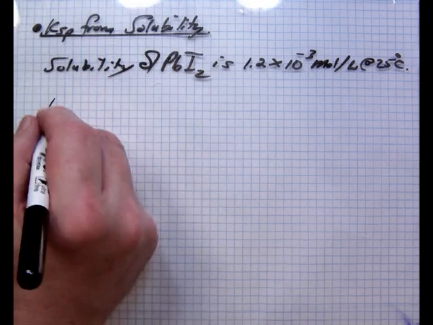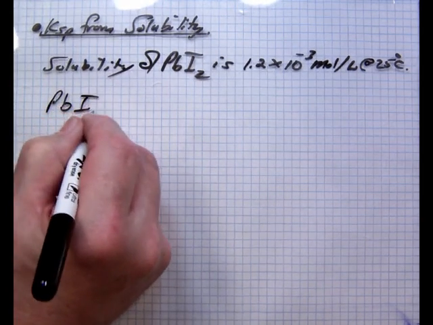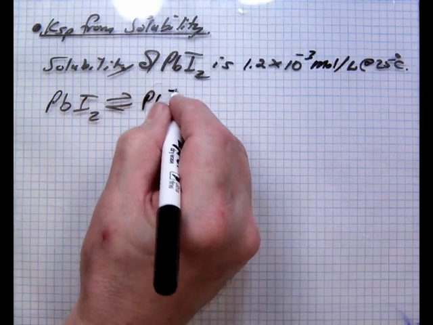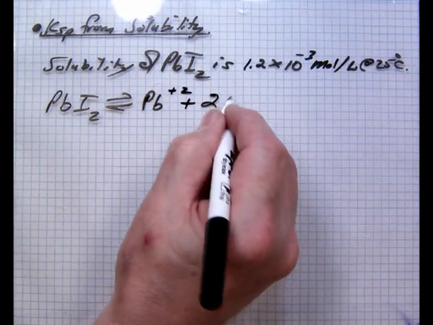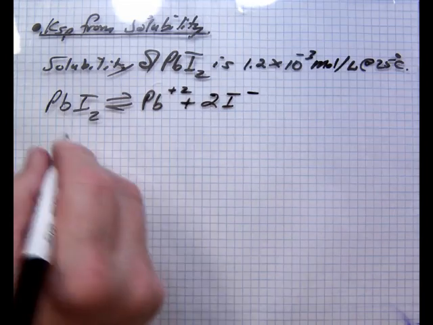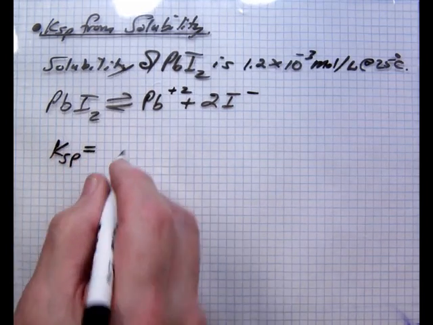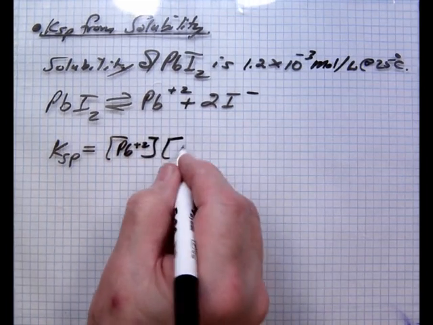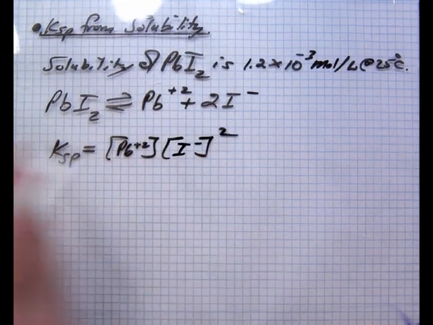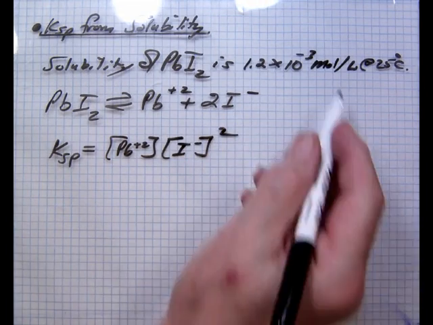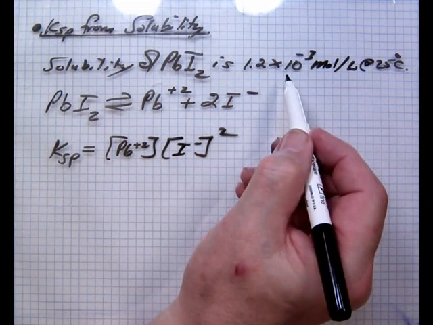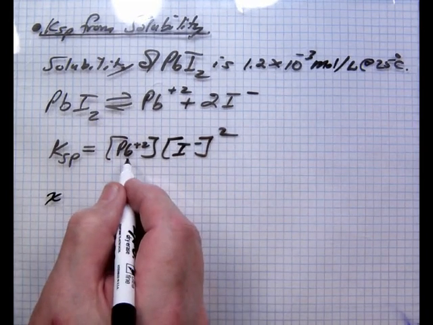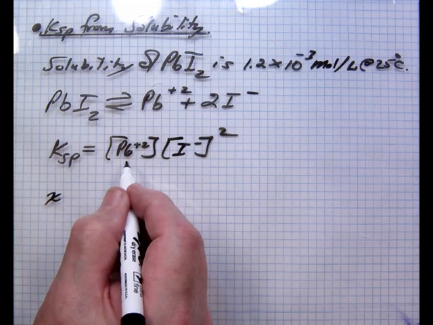Okay, so lead iodide, ionizing 1 to 2, giving us a Ksp expression of lead times iodide squared. Well, if this is the solubility of lead iodide, it's going to be an X value, and the one that has 1 mole delivery.